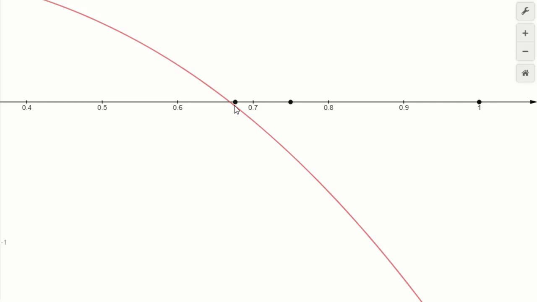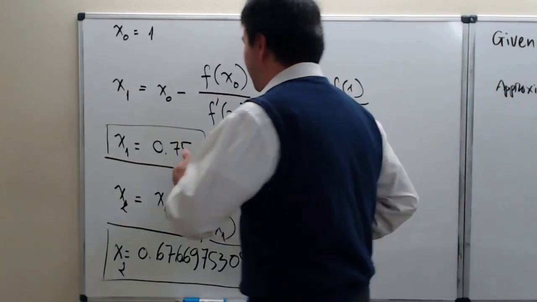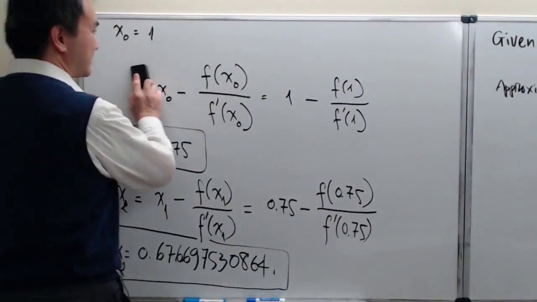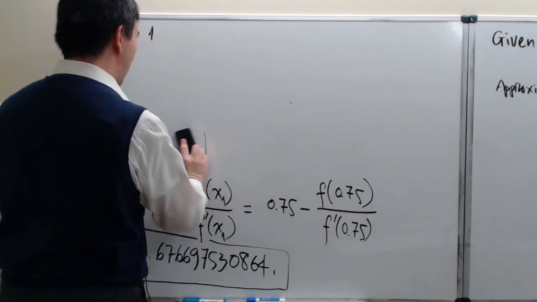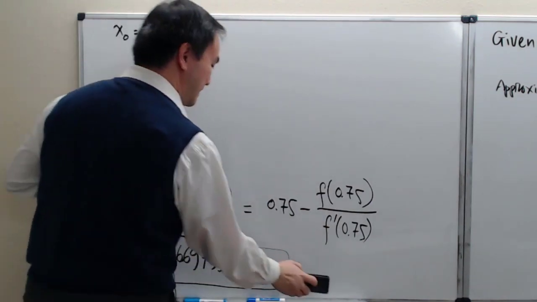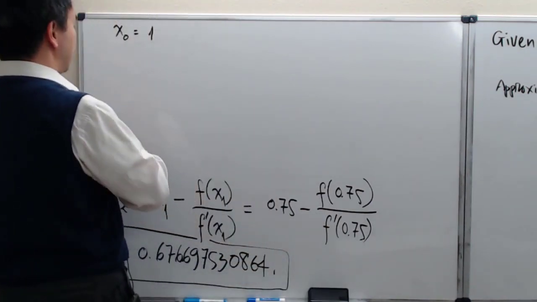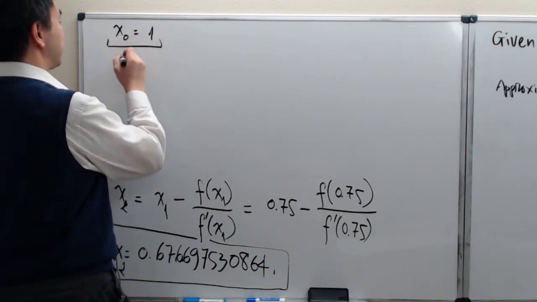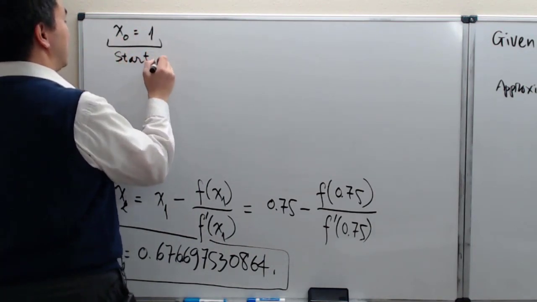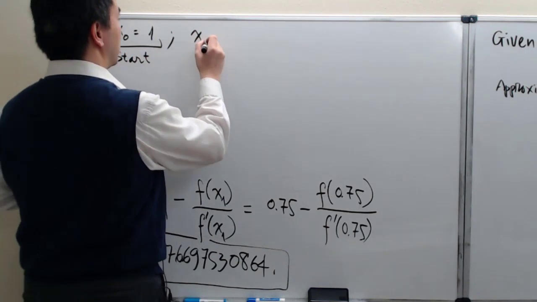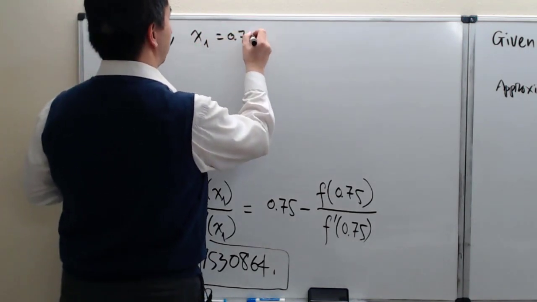So now, back on my board, I must erase some of the work here, and I'm going to write it down simply as records. On the records, we already found this is our start, and we came down to x1 being 0.75.